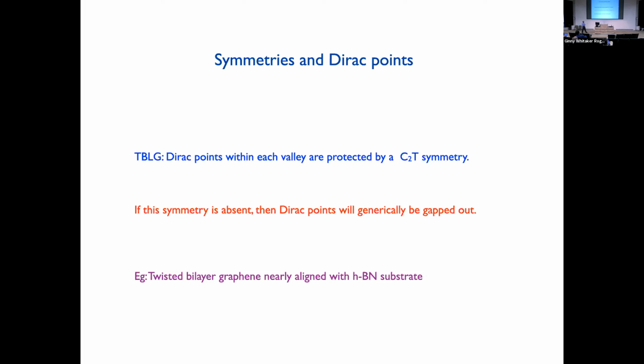So that C2T symmetry, so long as it's there, you can't gap out the Dirac points. And if the symmetry is absent, then generically there's no protection of the Dirac crossing, and you will get a gap between the valence and conduction bands. And this is seen very nicely, for instance, if you take twisted bilayer graphene and align it with the boron nitride substrate, the boron nitride breaks C2, and therefore you break C2T, and then at charge neutrality, you develop a gap.